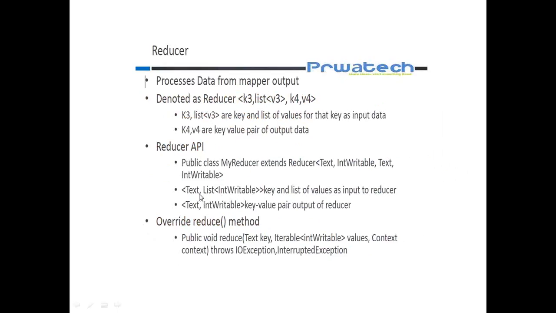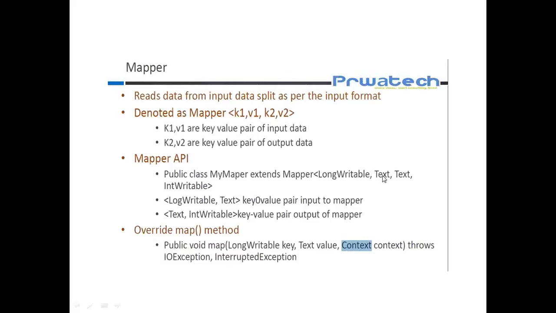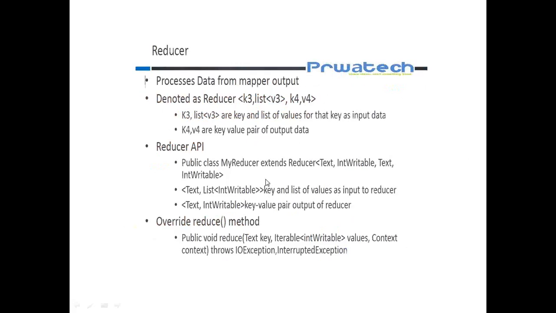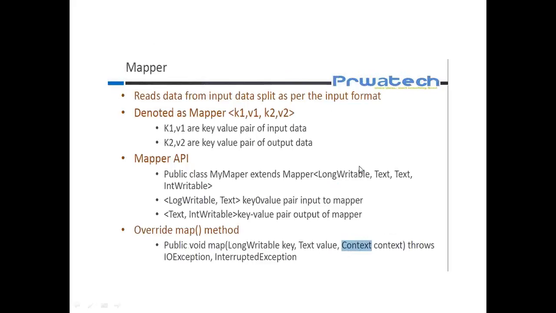Now understand that the mapper output is the reducer input. Remember that whatever format the mapper output has should remain the same. The mapper output comes as Text and Writable, so the reducer input also comes as Text and Writable.